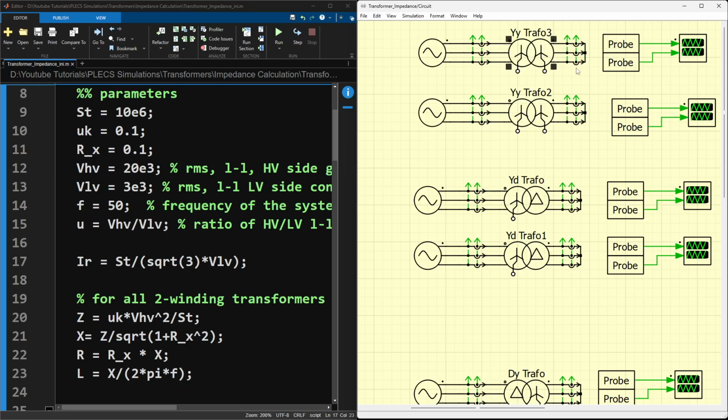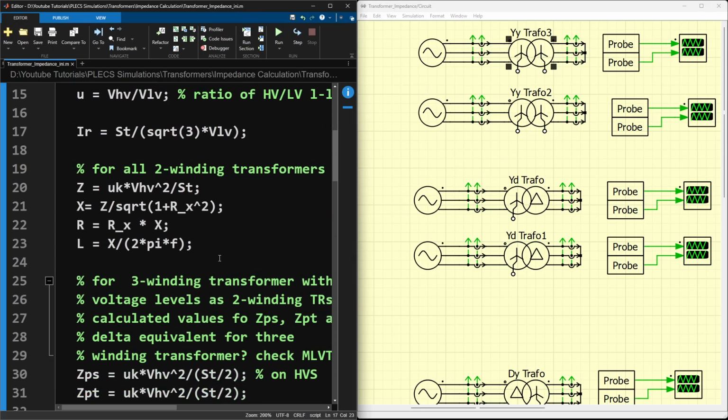So based on this principle, we will see all the different types of transformers that are implementable in PLECS, and if our results have to be correct, then we need to specify the impedances correctly. So this is the target of this video.